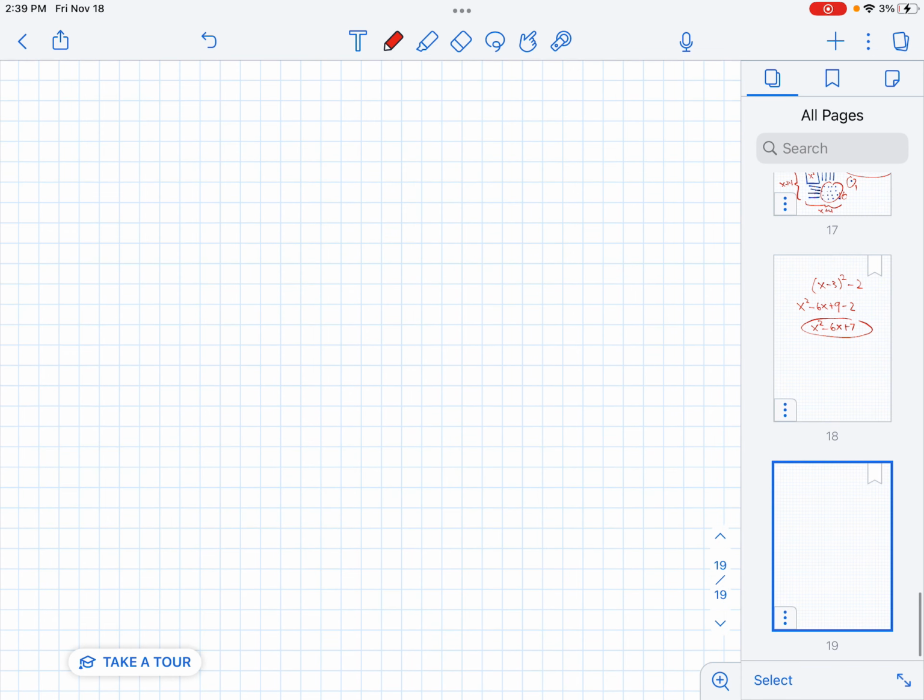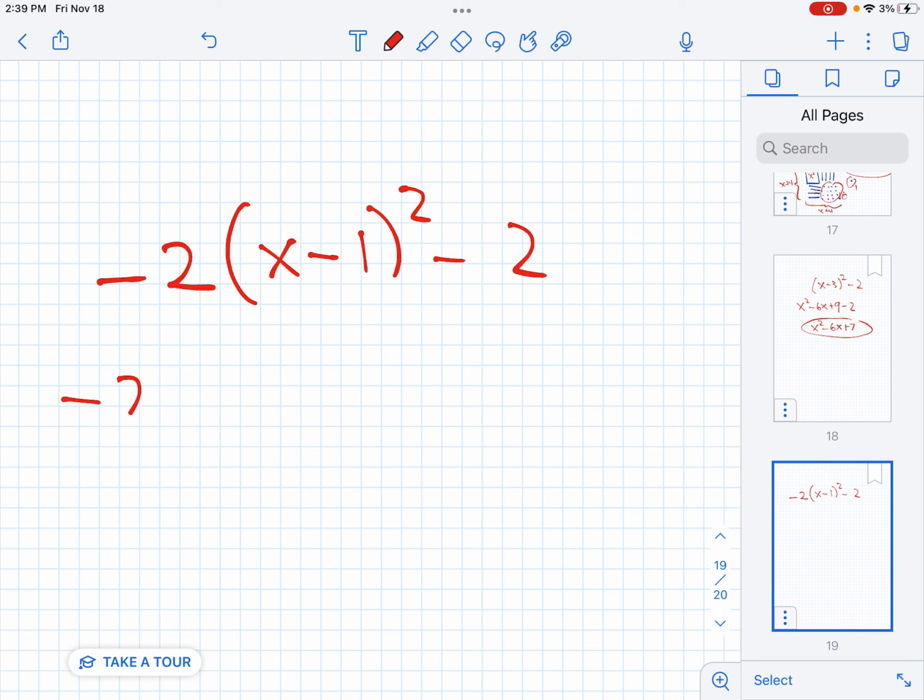Let's go and do this one. Let's suppose I've got something obnoxious in front of it, like a -2. -2 times x minus 1 squared minus 2. What this is, you can't distribute that -2 in. Don't do that, that's bad. You can't distribute that in first.